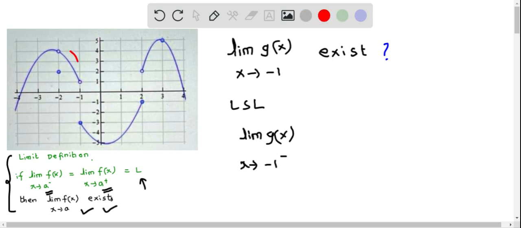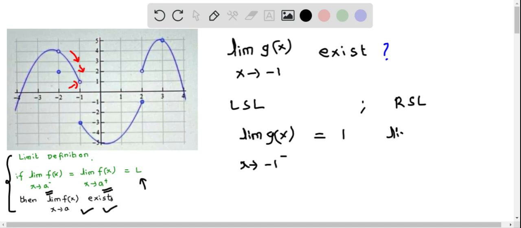So we consider x coming from the left of -1, and this means the graph actually approaches 1. So we can say that the limit of this function as x approaches -1 from the left is positive 1. Now we will determine the right side limit.